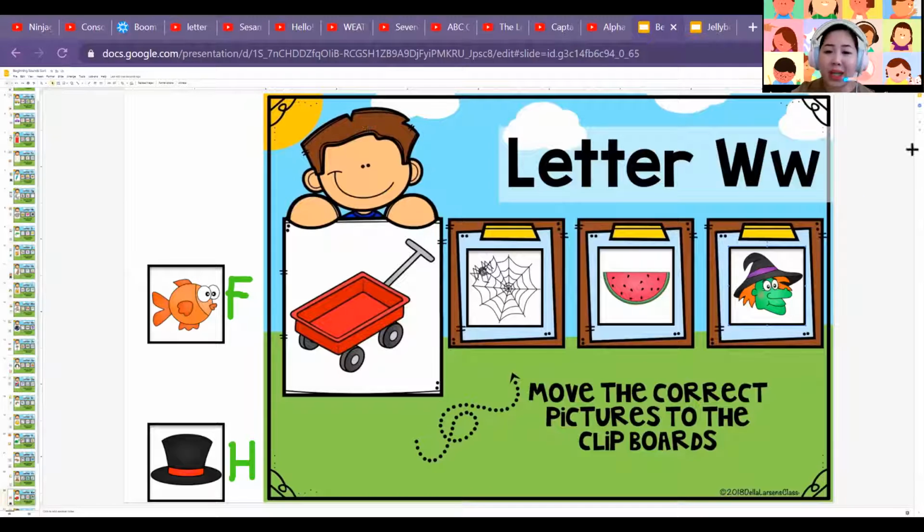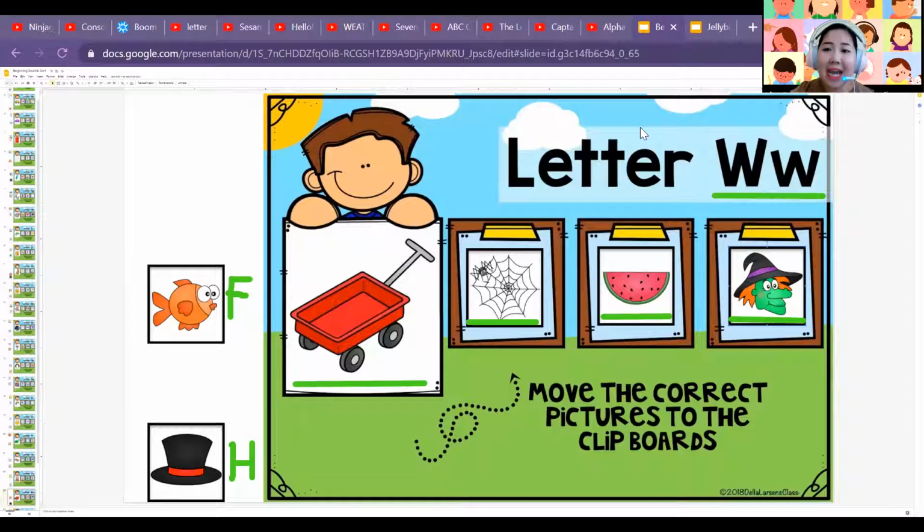So let's look here again. We have the letter W. The sound of W is wah for wagon, wah for web, wah for watermelon, and wah for witch.